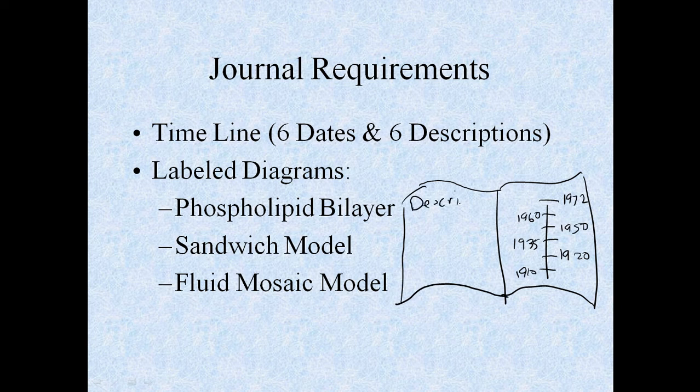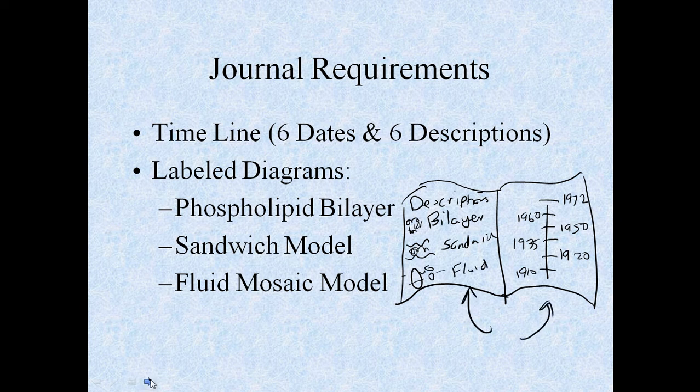We're going to show you what a phospholipid bilayer is, so have a labeled diagram of that, a model of a cellular membrane called the sandwich model, which is an old model, and our current model, which is called the fluid mosaic model. So in your journal, we should be able to find these pictures and this timeline.